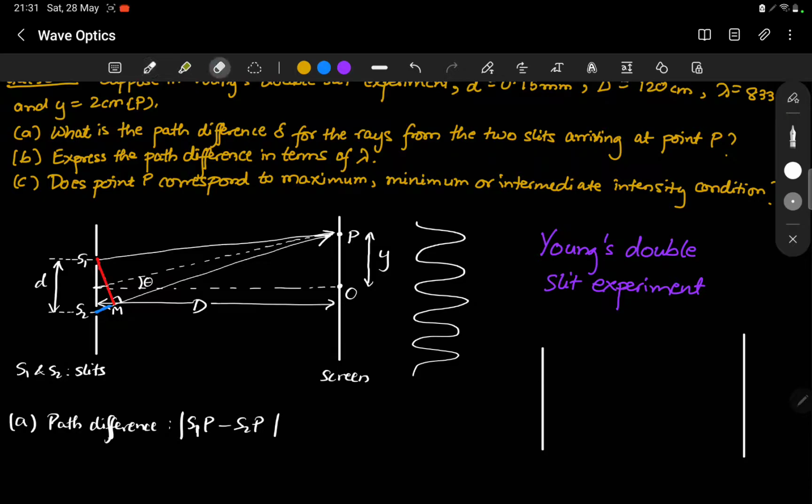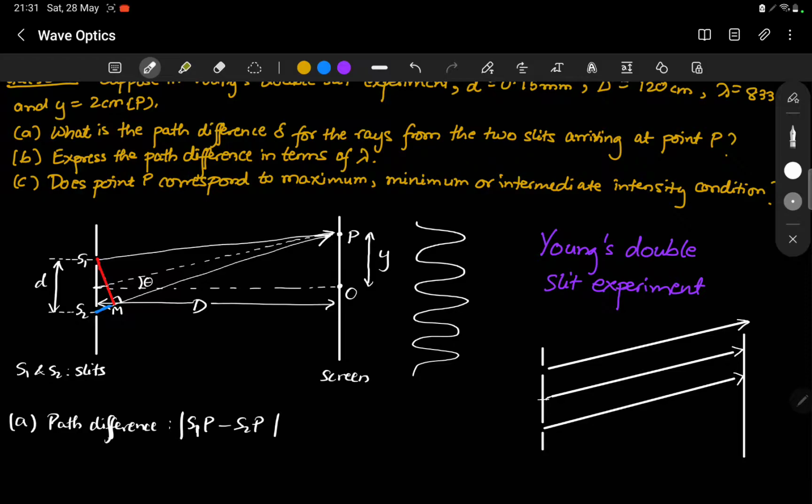So we draw the slits once again. When the screen is kept far away, at an infinite distance, then the rays from the slits and the line from the center of the slits will be essentially parallel.